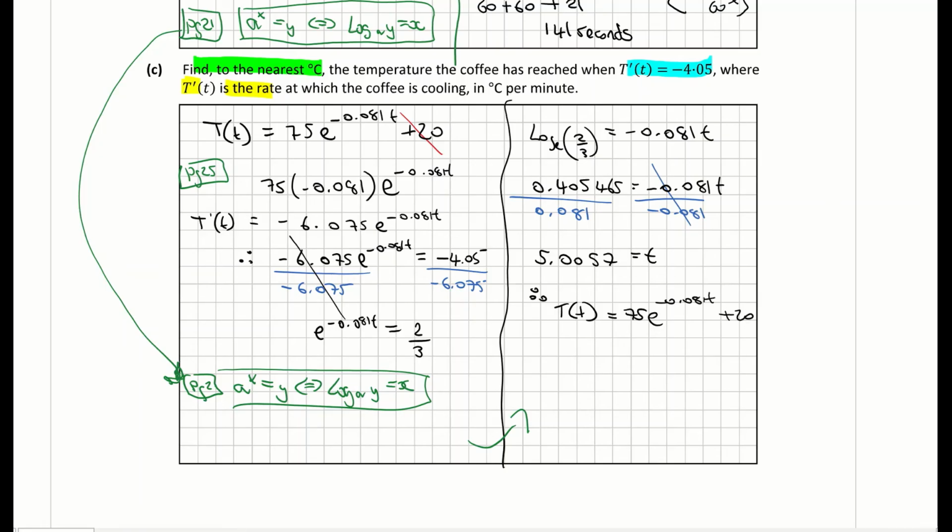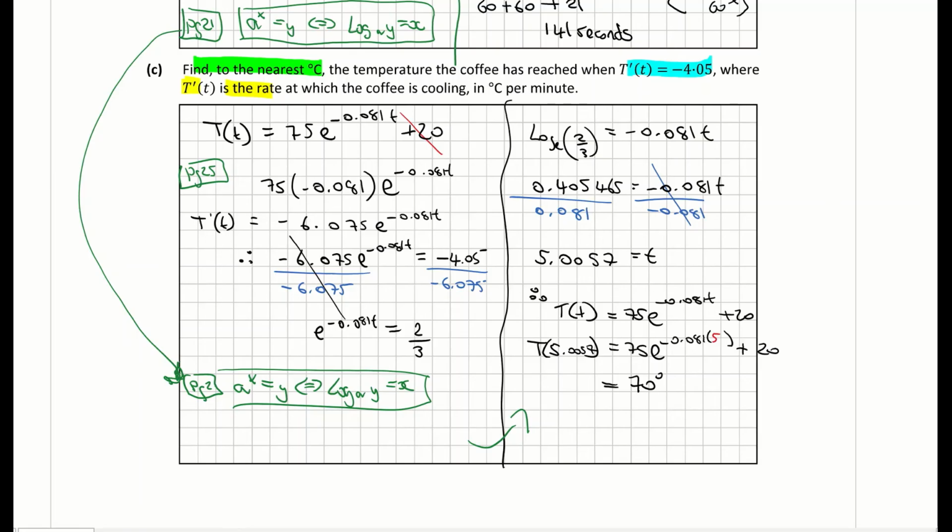And I'm now subbing in my time of 5 seconds. Now you can go to one decimal place, I'm sure that's fine. I'm just going to keep it here with the decimal. So that's 75e to the power of minus 0.081 times t. Well, look, let's just put in the 5 here because it's going to 2 decimal points with 0. So I think it should be thereabouts, which is going to give me, when I solve that, 70 degrees.